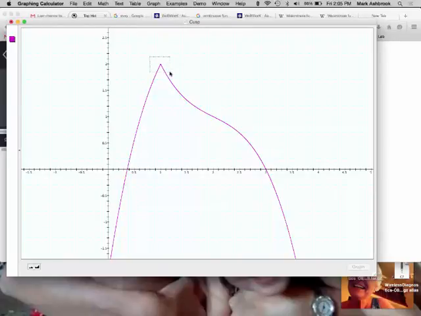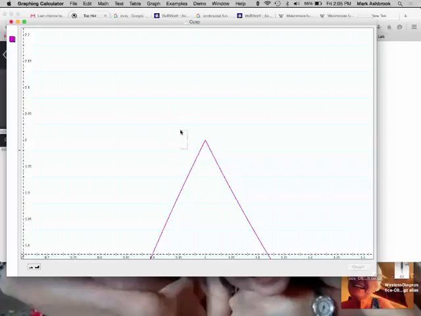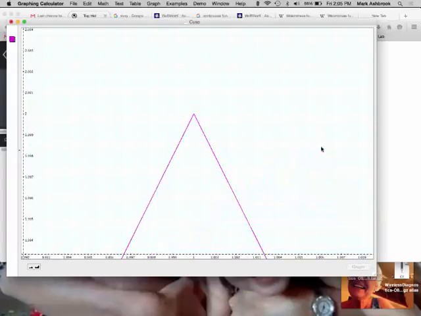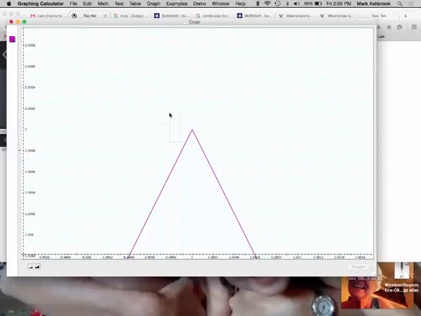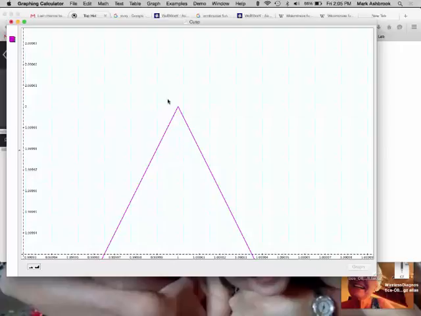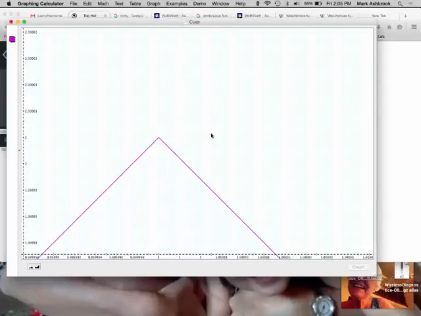Well, isn't the rate of change 0? What about just before 1, for a moment right before 1? Does the rate of change at a moment exist? At a moment right before 1?